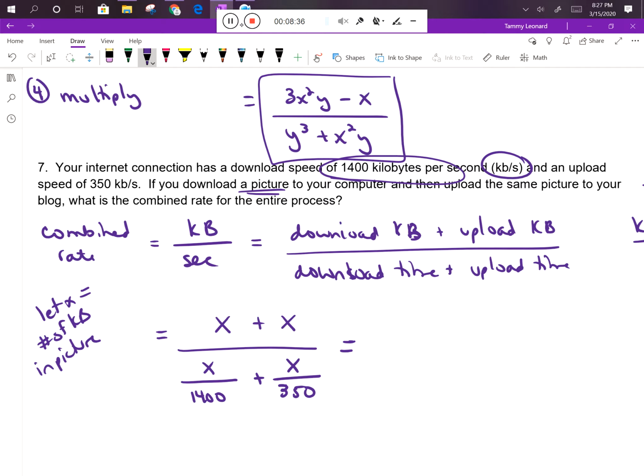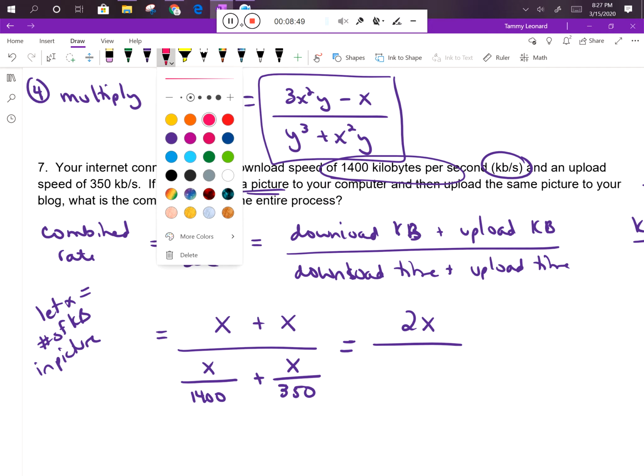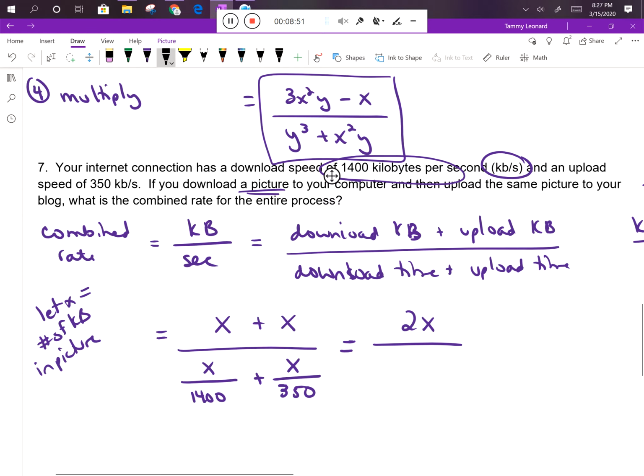My numerator is not too bad, right? Because we always said step 1, simplify the numerator. So we've got 2x. Step 2, simplify the denominator. Well, when I look at this, I want to think about getting a common denominator. If I multiply each of these fractions by something over itself, I can get that common denominator.